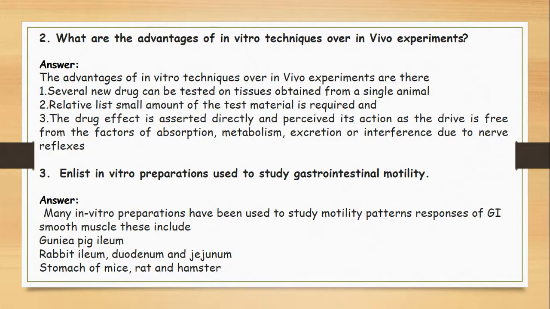Second, a relatively small amount of the test material is required. Third, the drug effect is assessed directly, as the drug action is free from the factors of absorption, metabolism, excretion, or interference due to nerve reflexes.